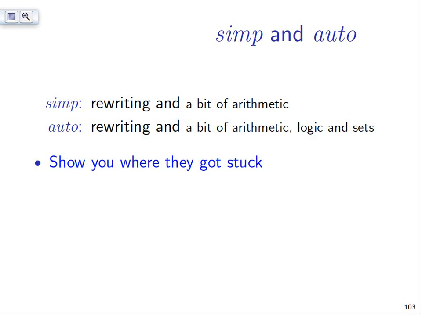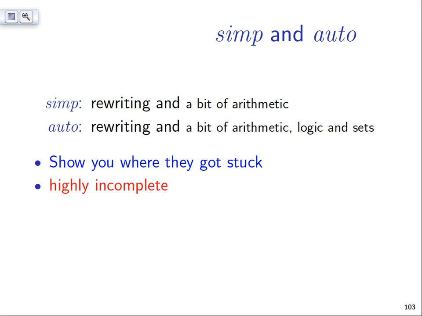And the main advantage of these two methods is that because they don't try too much, they show you where they got stuck, and then you can take a hint from that and say, oh yeah, they got stuck because they couldn't simplify a certain subterm, and then that leads you to the discovery of a new lemma. But they are highly incomplete. So that's the trade-off you have here.